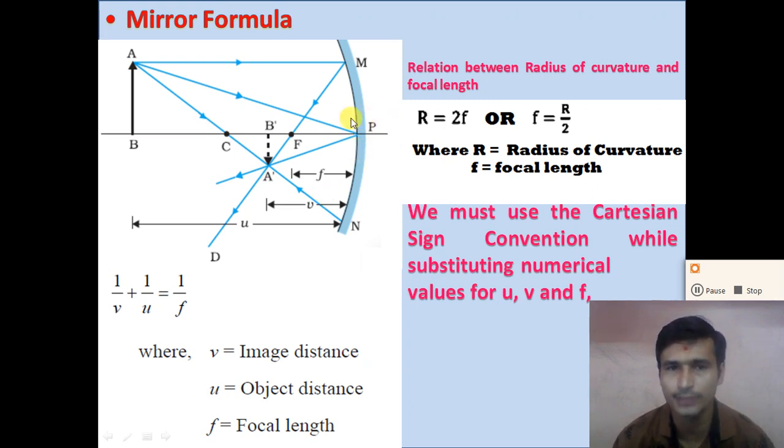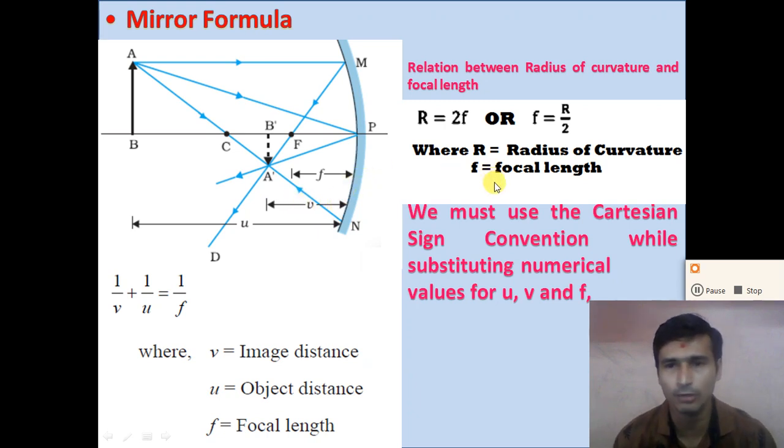So how do we apply the Cartesian sign convention here? The object is placed on the left side of the mirror, so we take the object distance as negative, right? The image we obtain is also on the left side of the mirror, so we also consider the image distance as negative.